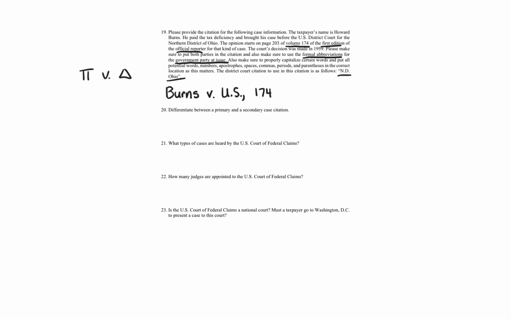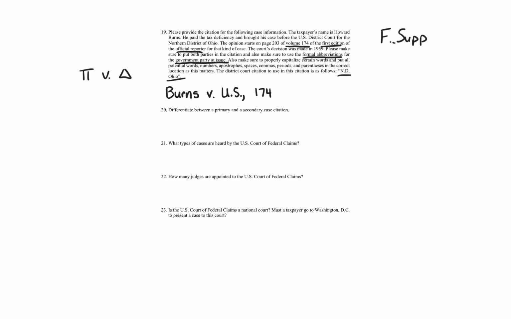Space. Now we need a reporter. It's the first edition of the official reporter for the U.S. District Court. Some of you might know the history of U.S. District Court cases, and a long time ago there were different reporters, but I'm talking about the modern era, and that is going to be the Federal Supplement Series, F period, S period, with a space right there.